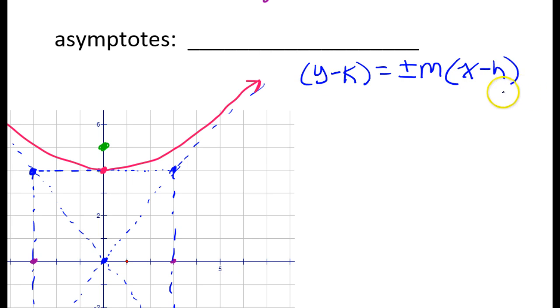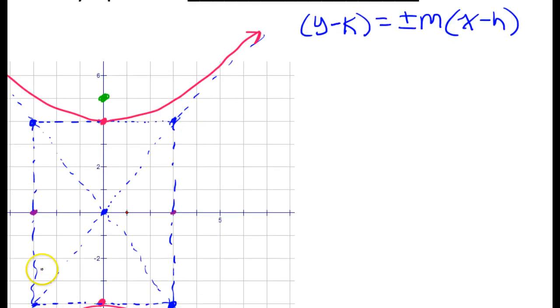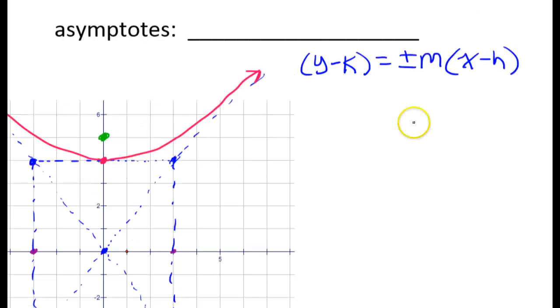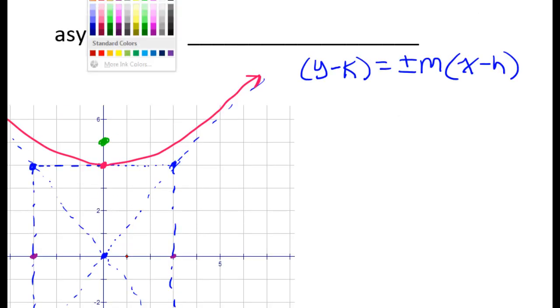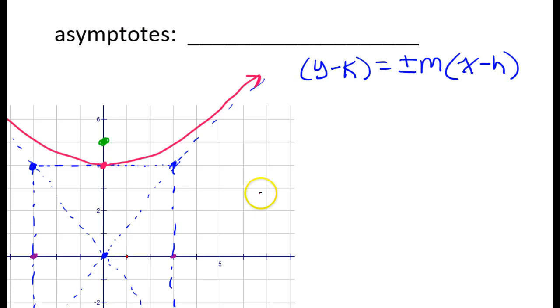This is the model that we can always use for the equation of the asymptotes, plural, because the plus or minus, the positive version will be the asymptote that's going uphill from left to right, and the negative version will be downhill. So this is really 2 equations in 1. Since the center is 0, comma 0, that means my k is going to be 0 and my h is going to be 0. So all we need is the slope.